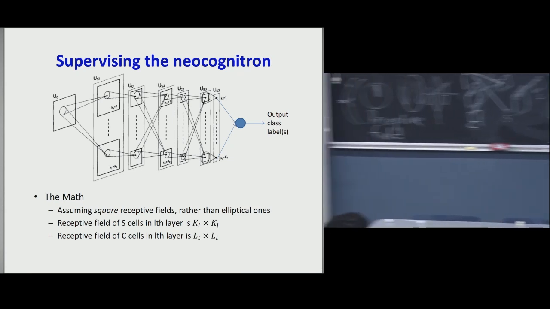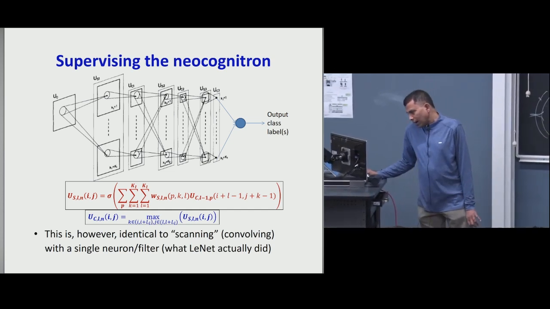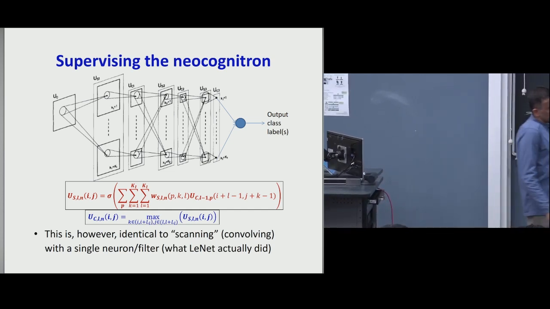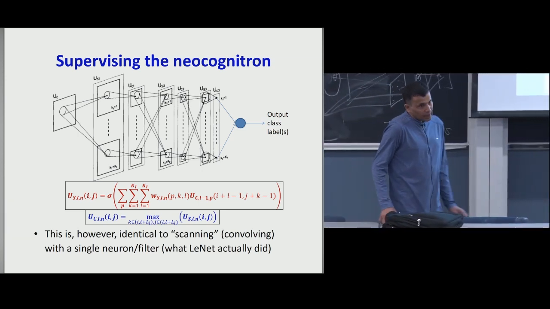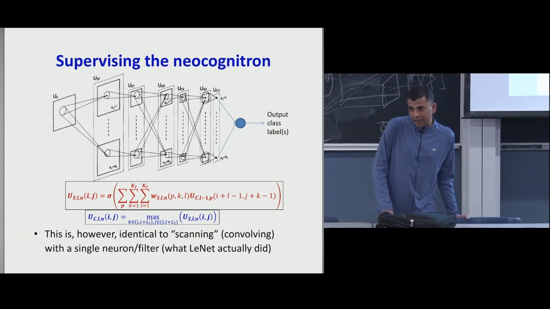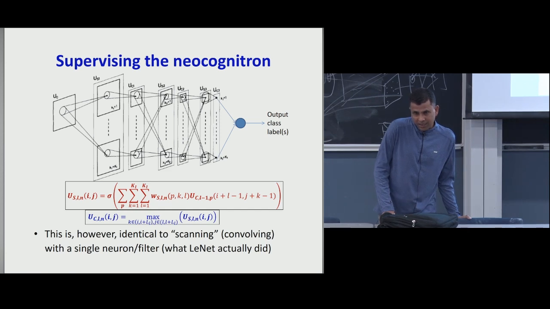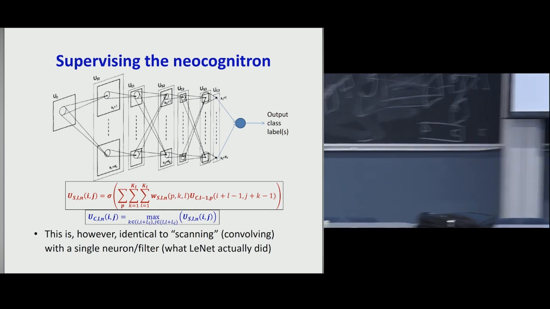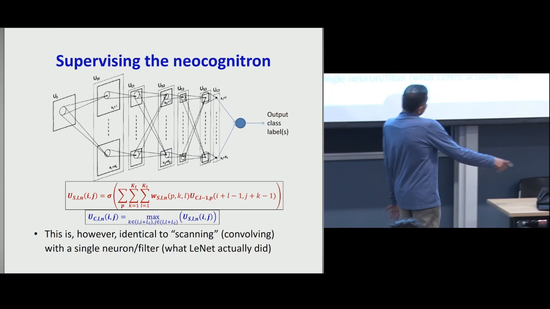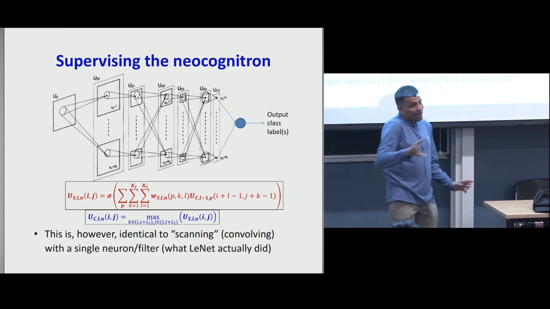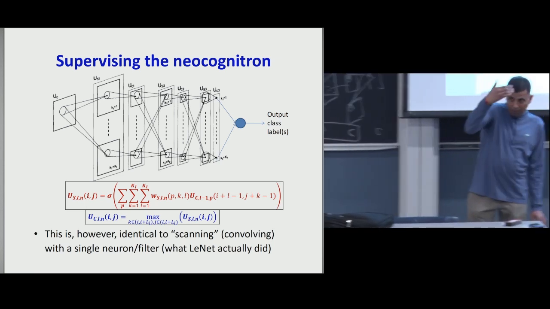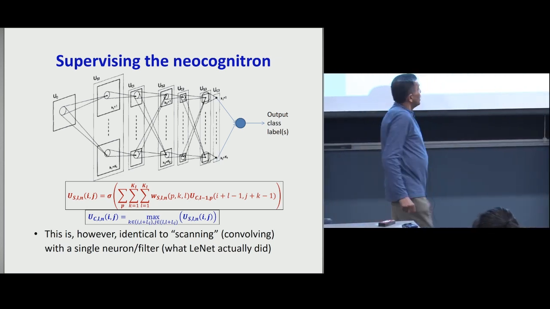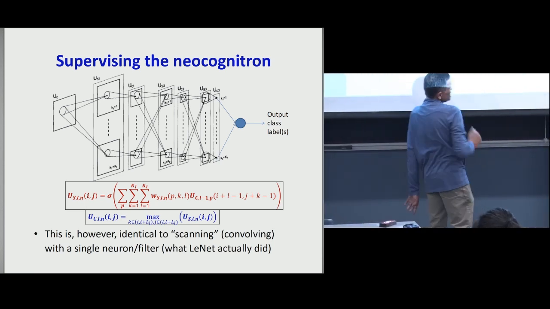And so you have to define the activation functions and the responses for the S planes and the C planes. Now look at what the S plane is doing. Each neuron in the S plane is looking at the outputs of the previous C planes. Since there are multiple C planes, as we saw, it sums over all of the C planes.